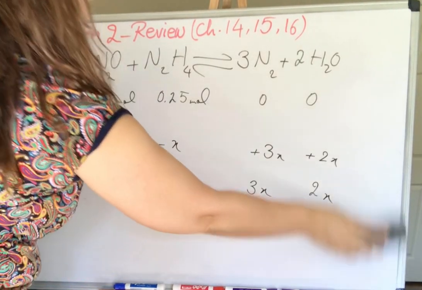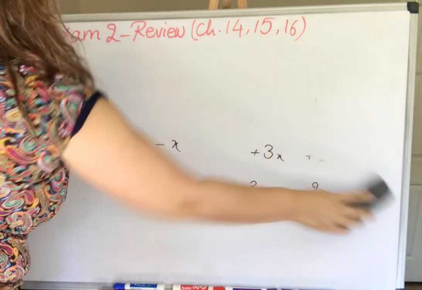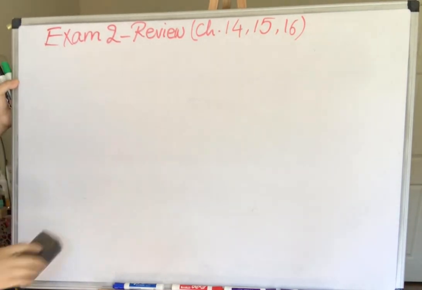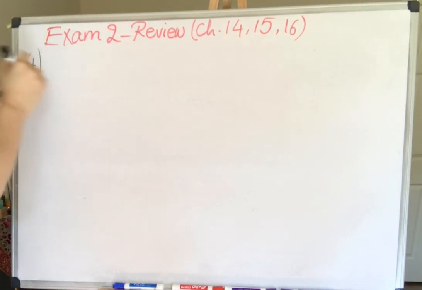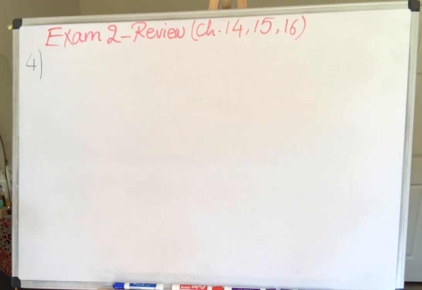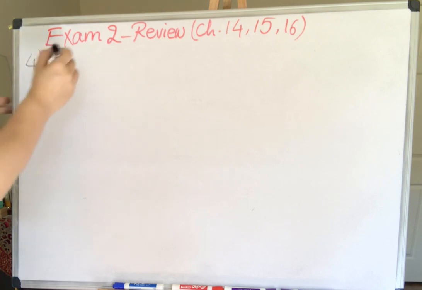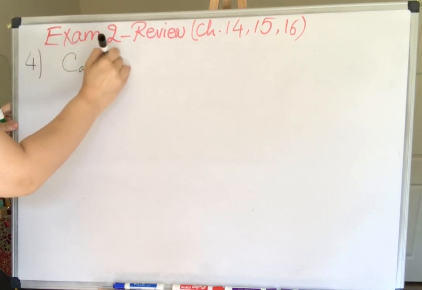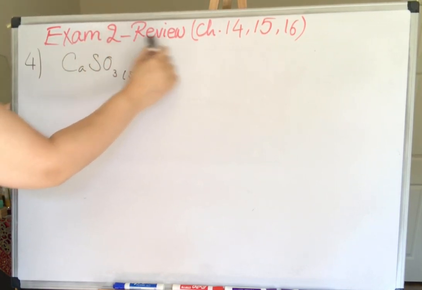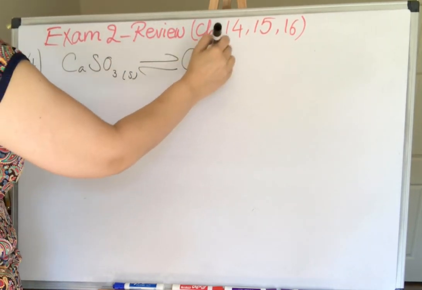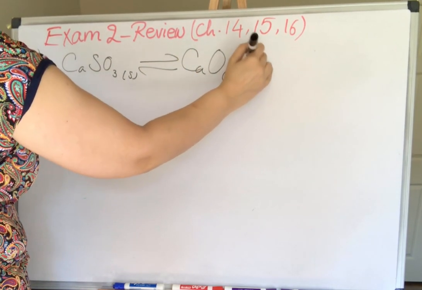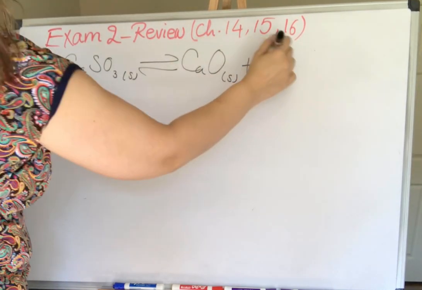Question number 4 is asking for the expression for Kc, for CaSO3 in solid form going to CaO in solid form, plus SO2 gas.